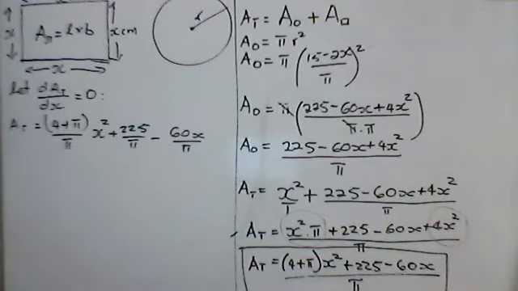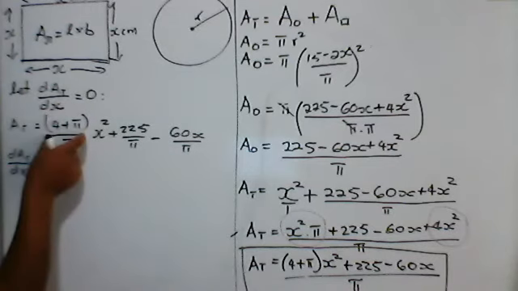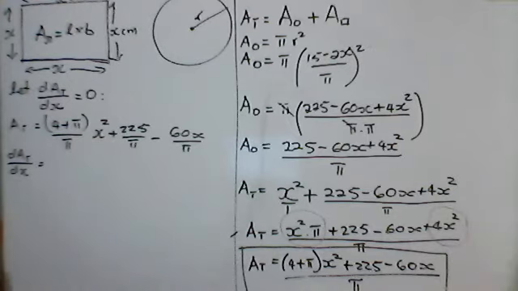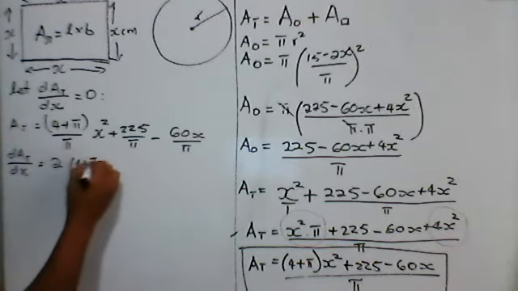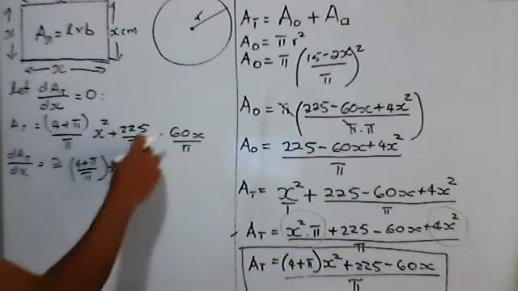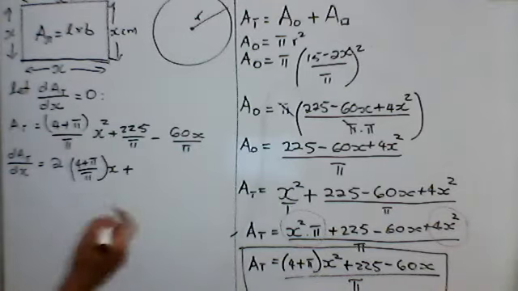Now I can take the derivative of that. dA total or combined over dx will be equal to, remember that this is a constant, just a number. So you are differentiating with respect to x. The derivative of this will just be 2 times (4 plus pi) over pi times x, plus, again this is a number, so the derivative of a constant is equal to 0, we know that.